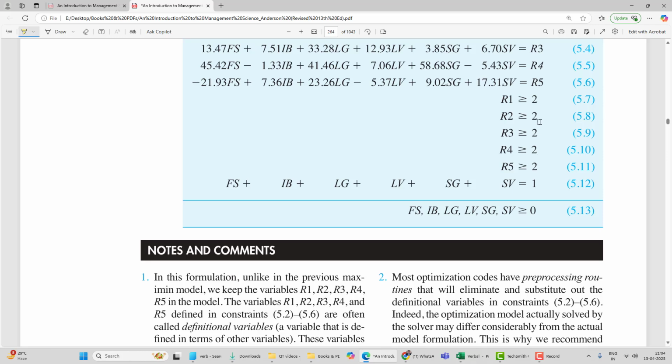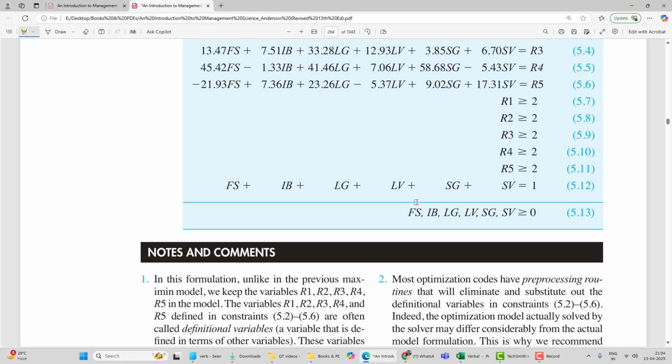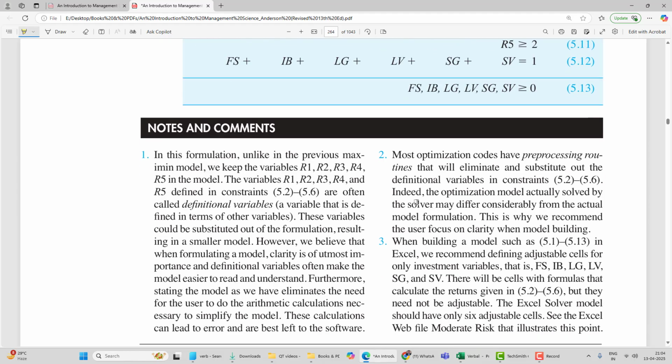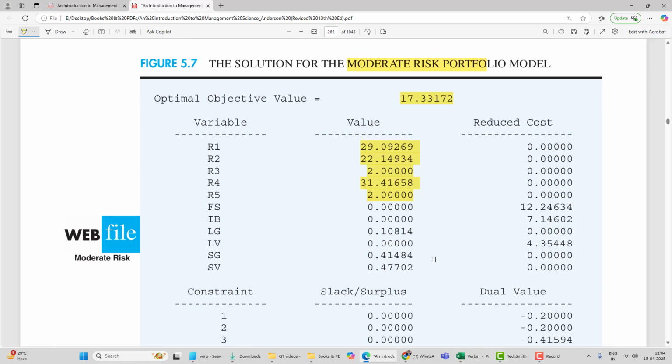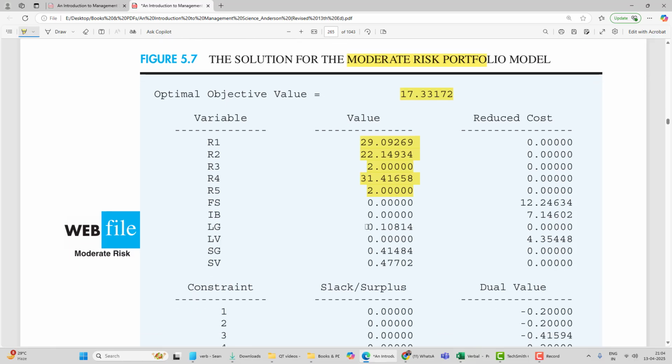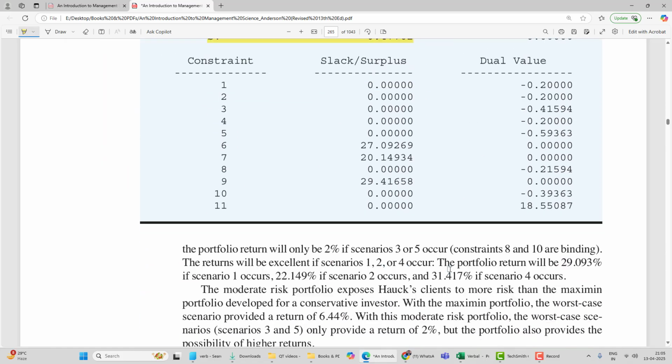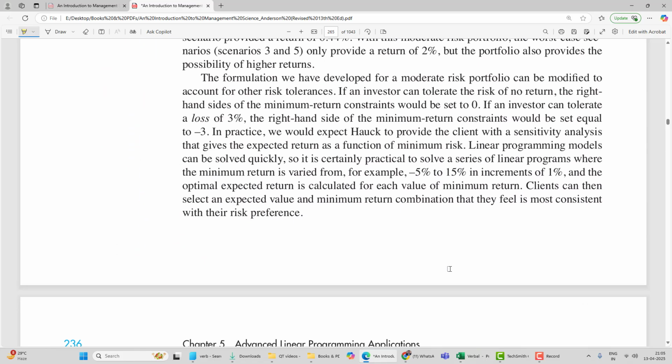So depending on the requirement of the customer, you can put these values here and rerun the entire model and get new investment values. Here, to get this you need to invest 10% in LG, 41% into SG, and 47% into SV, whereas FS, IB and LB will not come. So for any new requirement, this combination will keep on changing.